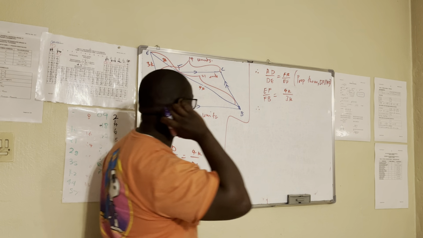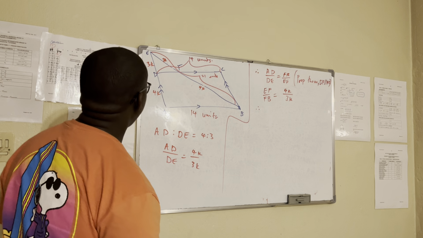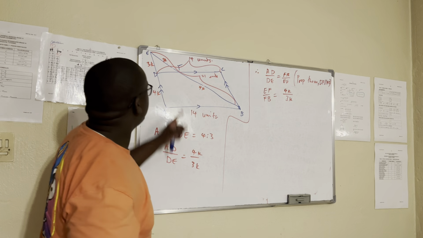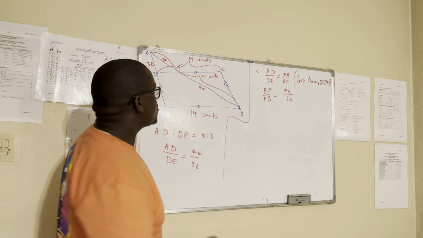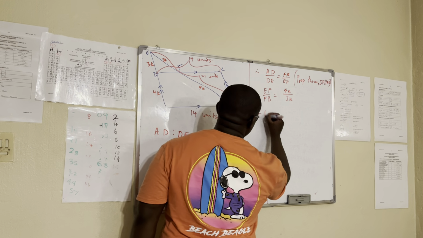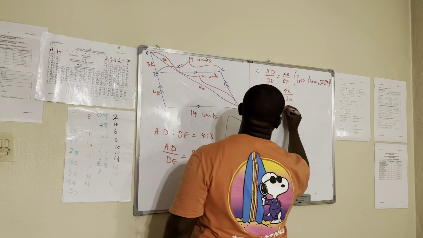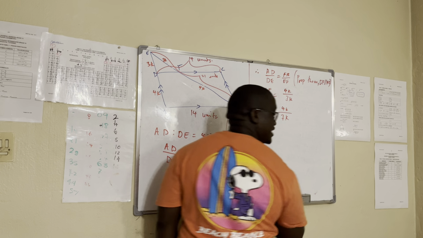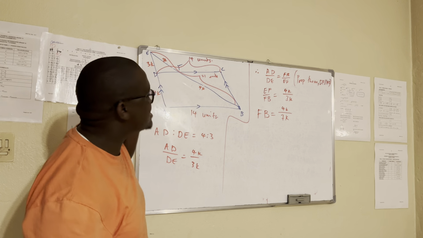Now, the ratio of this side to this side is 3:4. So if I have to calculate FB, I can say FB is equal to 4K over 7K. Do you guys understand? Because the entire ratio here, which is EB, is 7K.